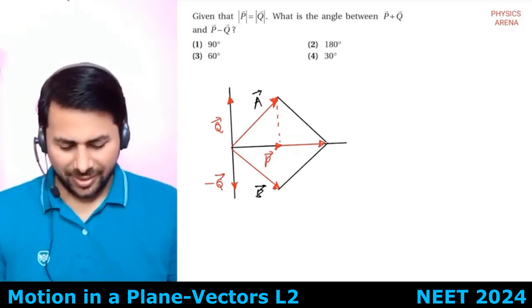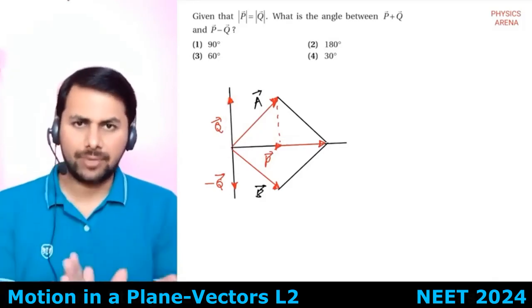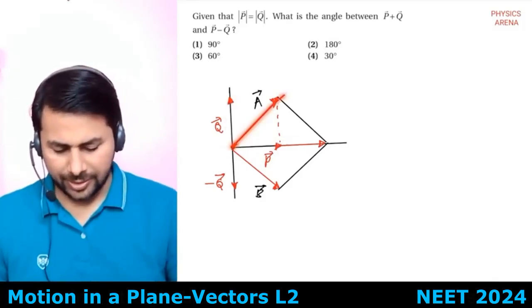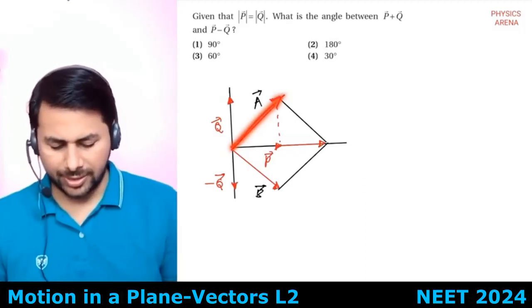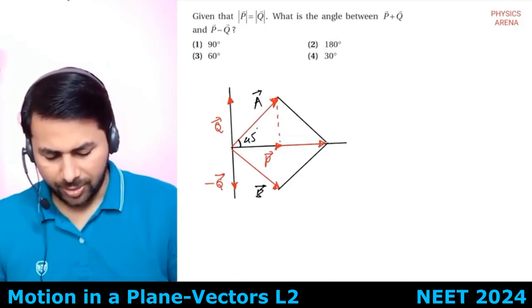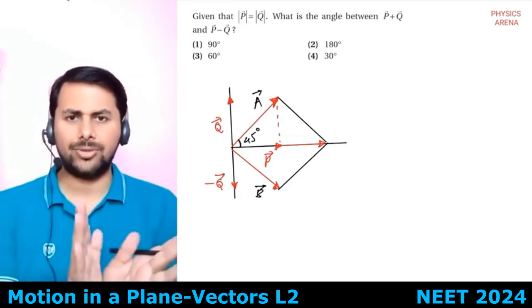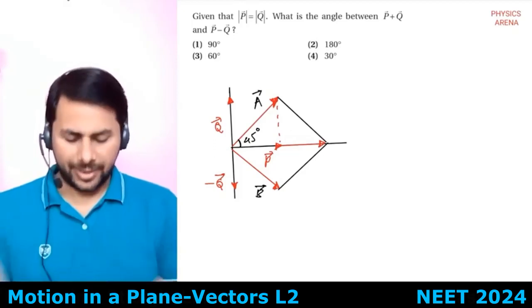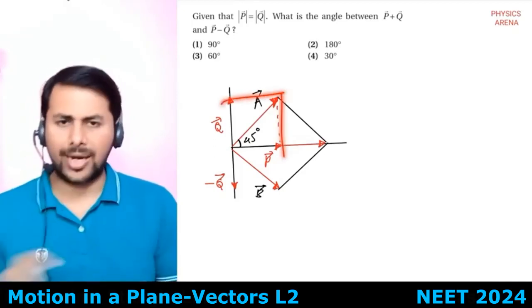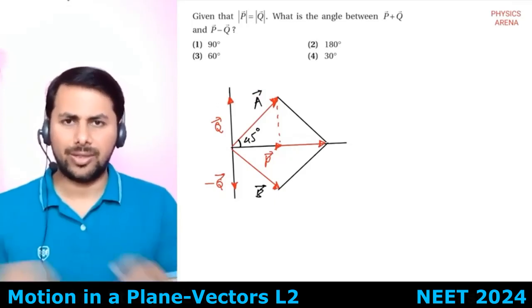Very good. If the magnitudes of p bar and q bar are equal, then the resultant of p bar and q bar will be inclined at an angle of 45 degrees to p bar and q bar also. If magnitudes are equal and you add vectors using the parallelogram law, that parallelogram will become a square.